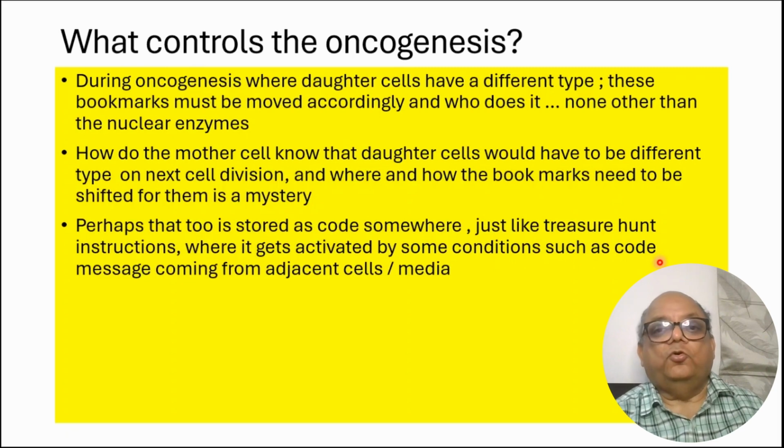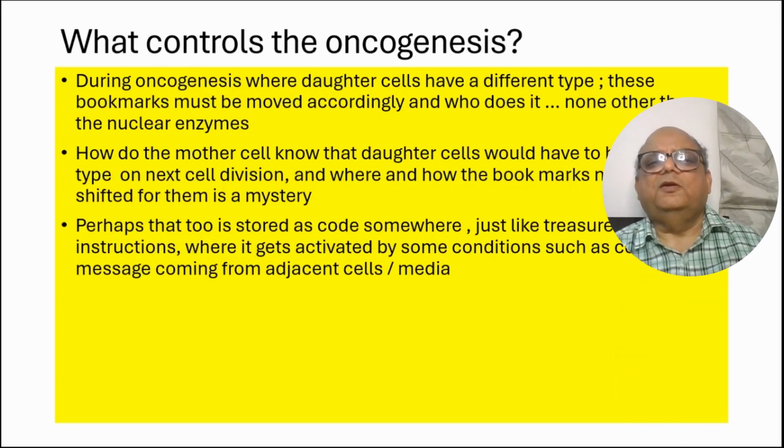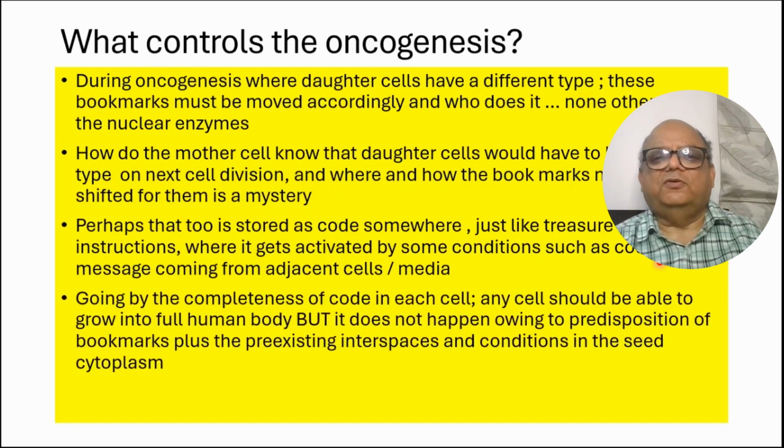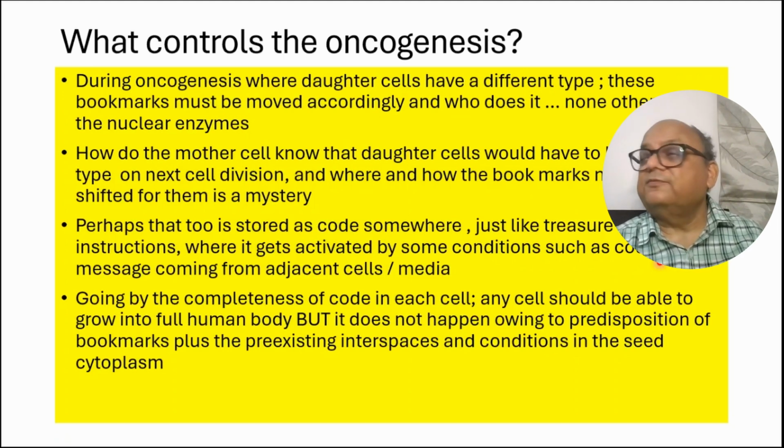So going by the completeness of code in each cell, any cell should be able to grow into a full human body because it has all the information, but that does not happen. Probably owing to predisposition of bookmarks, because ultimately what that cell will do depends on where its bookmarks are. Plus, of course, it has to match with the pre-existing structures, including interspaces and the conditions existing in the seed cytoplasm.